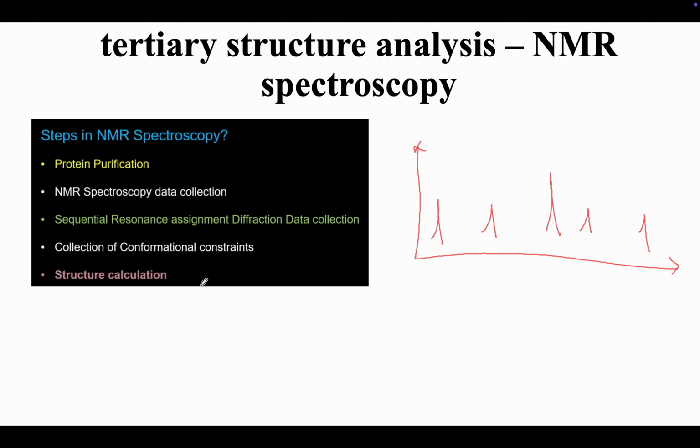From NMR spectroscopy we'll get geometric conformation constraints, and these constraints could be either bond distances, angles, or the orientation of the bond.